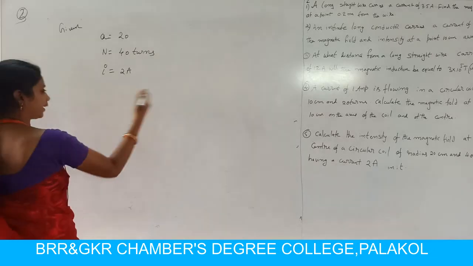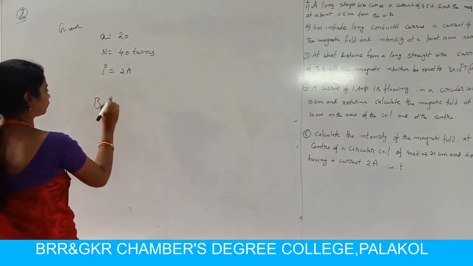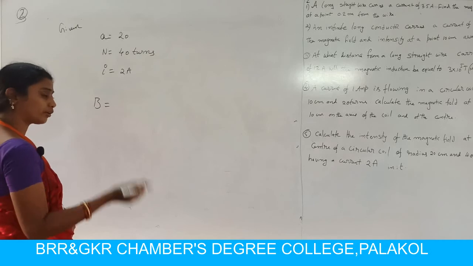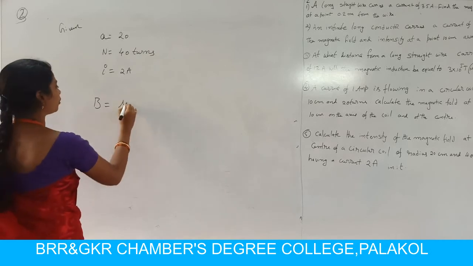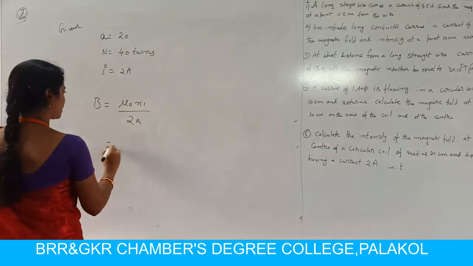Here the distance is not given, and the intensity at the center of the circular coil is asked in our problem, so we consider the formula for the center of the coil. We already calculated this in our fourth problem: the magnetic field induction for a circular coil at the center of the loop is B equal to mu naught Ni by 2a. Then we substitute the terms.